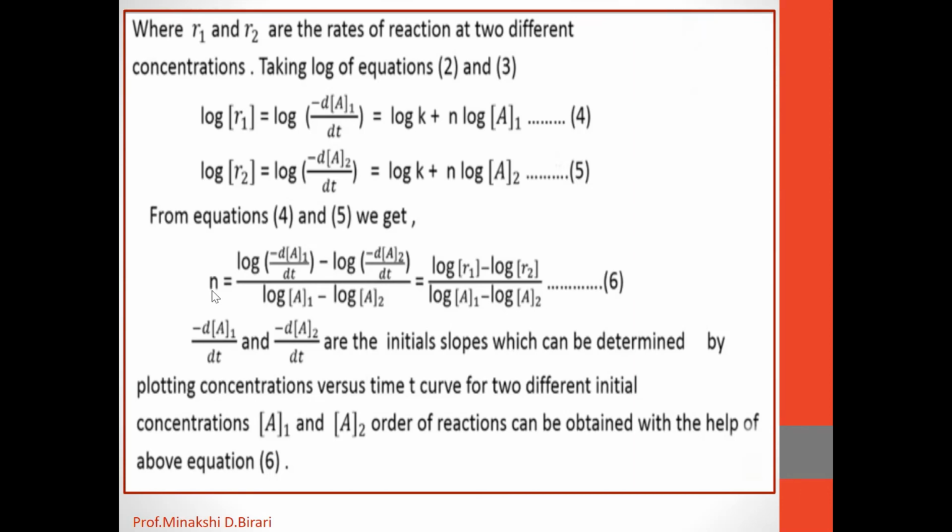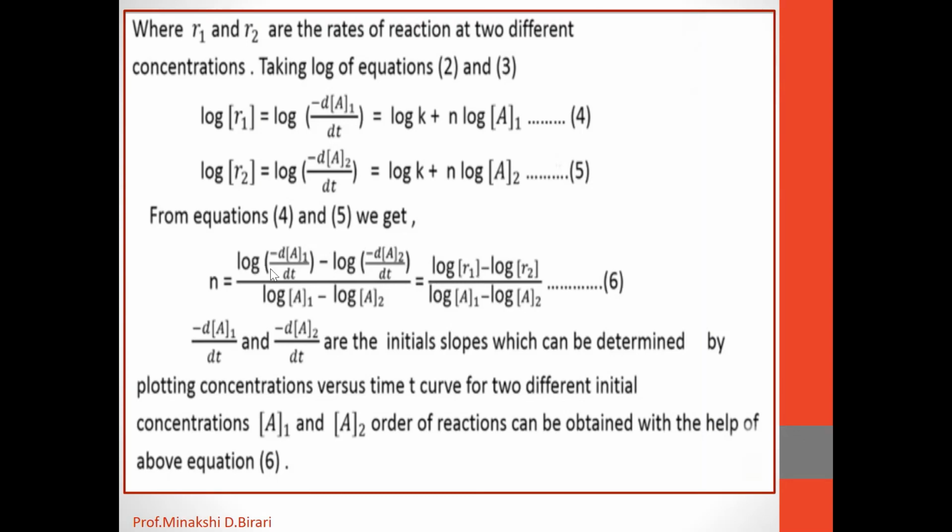n is equal to log of minus dA1 divided by dt minus log of minus dA2 divided by dt, divided by log of concentration of A1 minus log of concentration of A2.